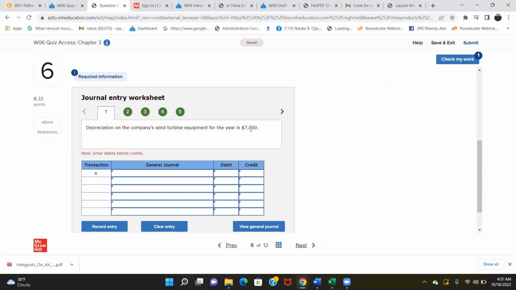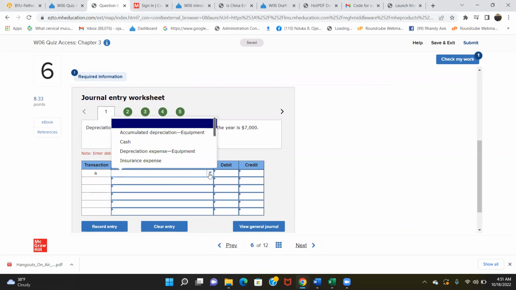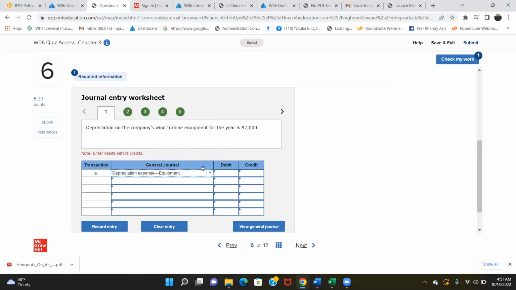To put this entry in the general journal, you have to select, first you have to debit the depreciation expense equipment for the total of $7,000.